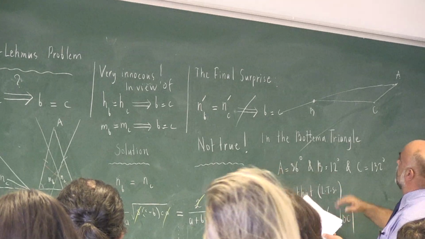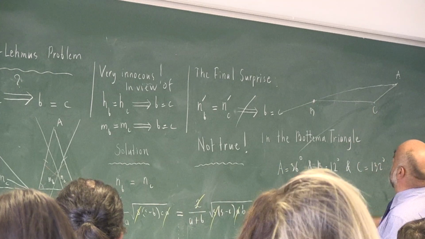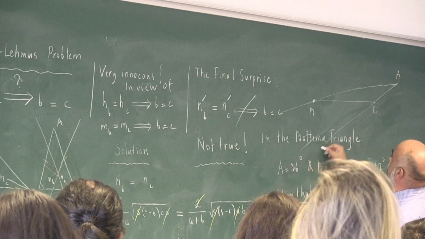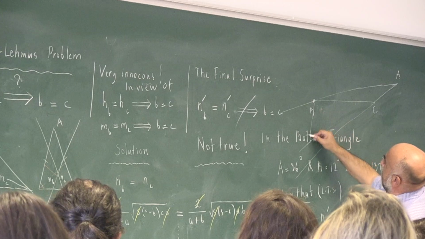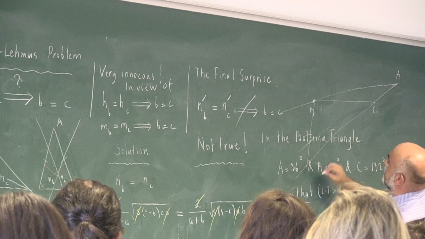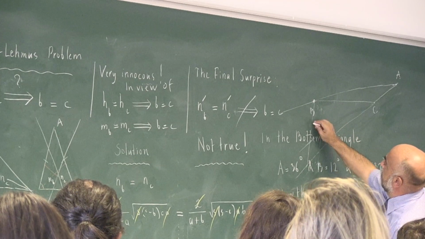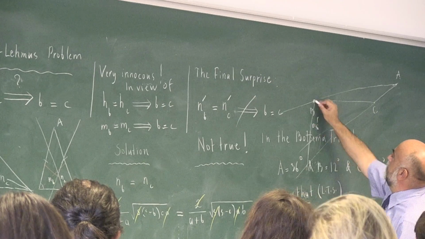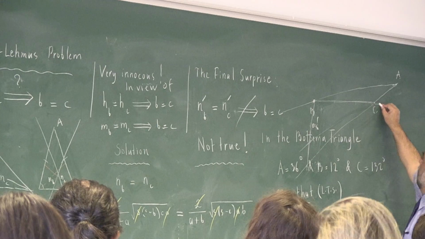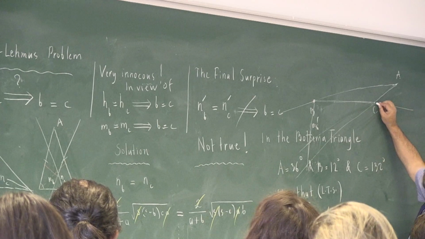I don't get it quite right. So this will be NB prime, and this NB prime and BC will be equal, and NC will be something like this.